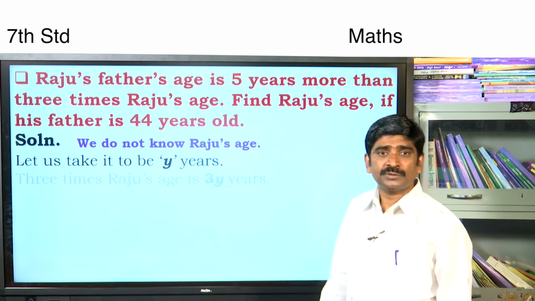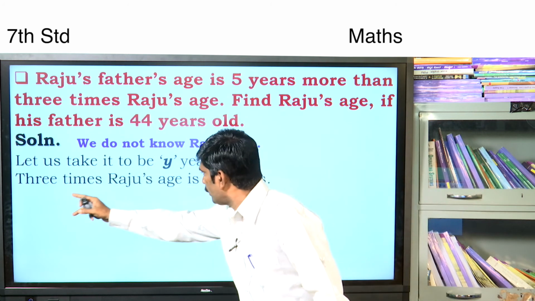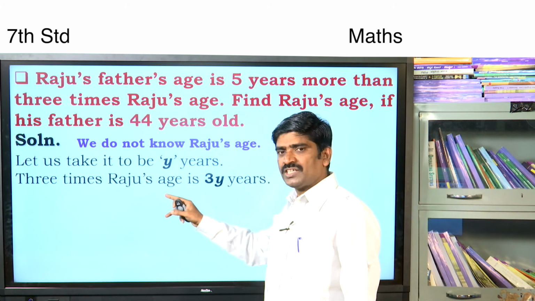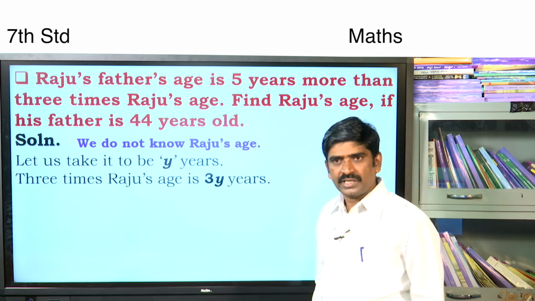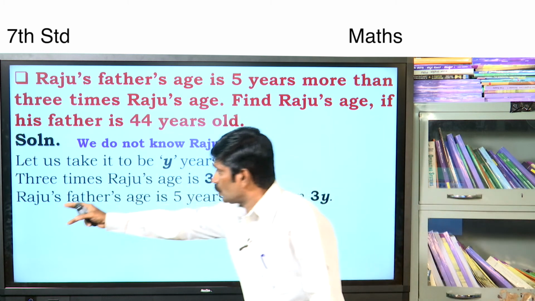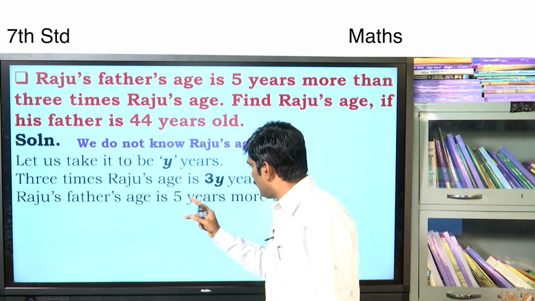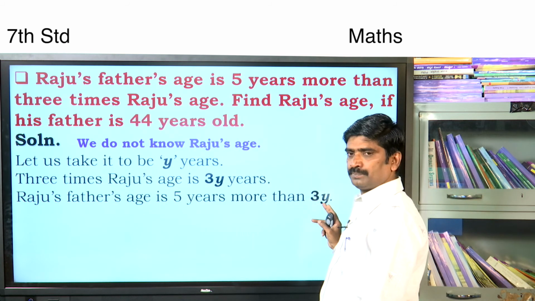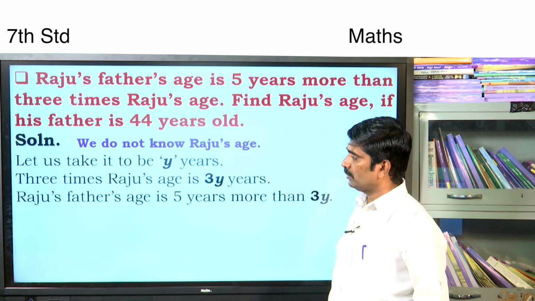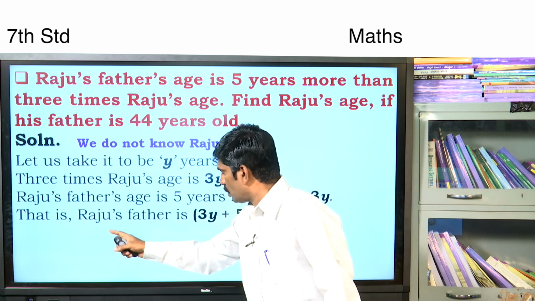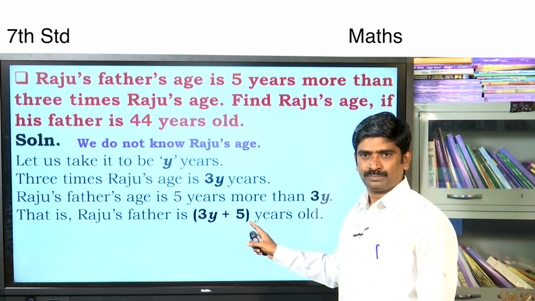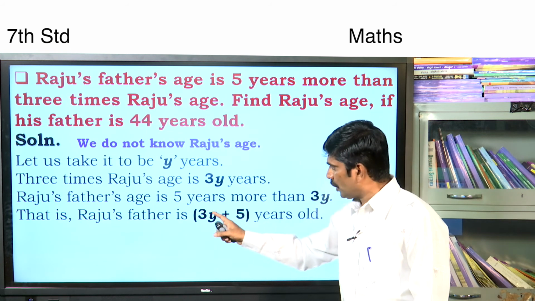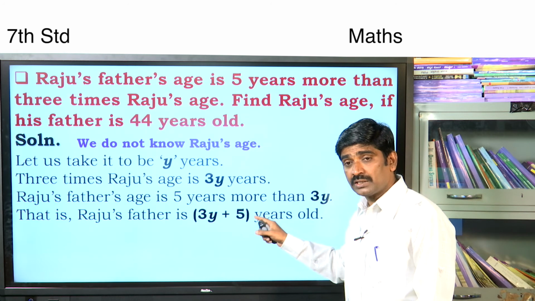Then 3 times Raju's age is 3y years. Raju's father's age is 5 years more than 3y, that is, 3y plus 5.